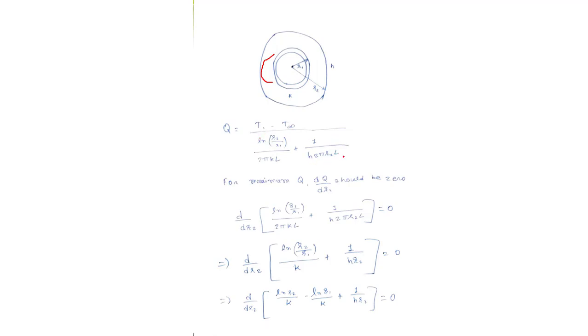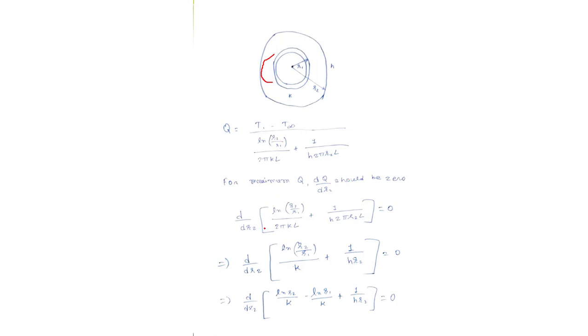So for that we need to find the correct thickness of insulation so that the denominator remains low. For that, we need to differentiate the denominator. If the denominator is minimum, then the heat transfer becomes maximum, so the derivative of the denominator must be 0.